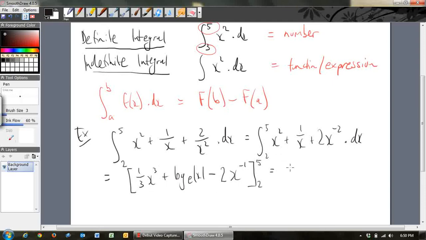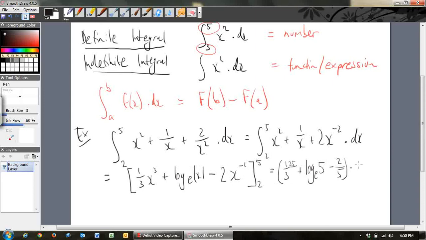I'm going to run out of space, so you'll have to forgive me. I shouldn't have chosen these two values, but anyway. What we've got is 1/3 x cubed, 5 cubed is 125, so 125 over 3, plus log e of 5, minus 2 over 5. So we've substituted 5 into this.